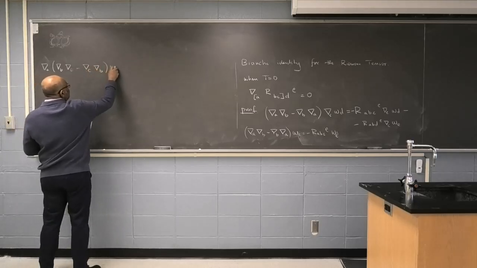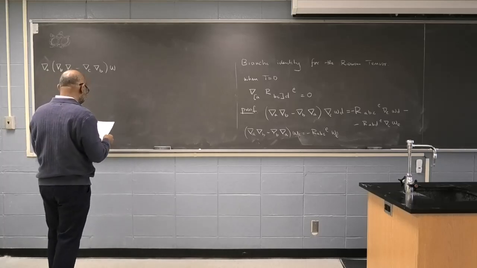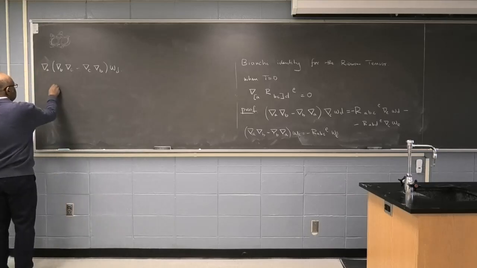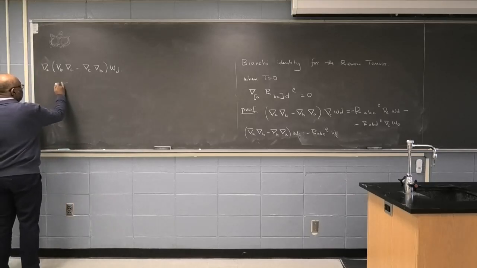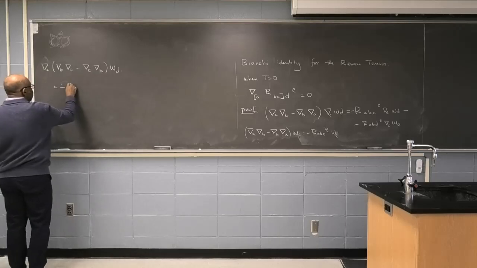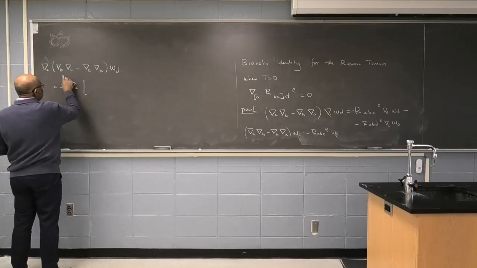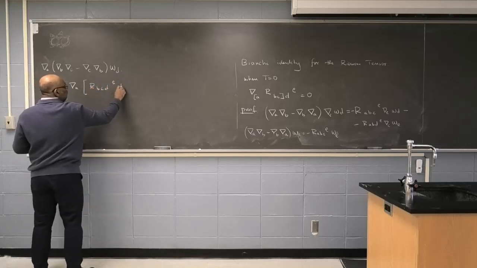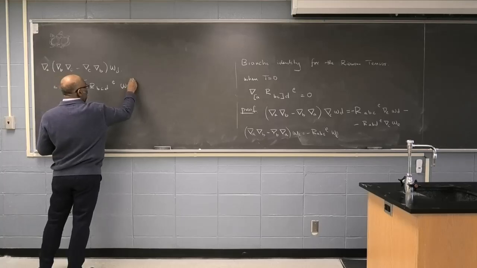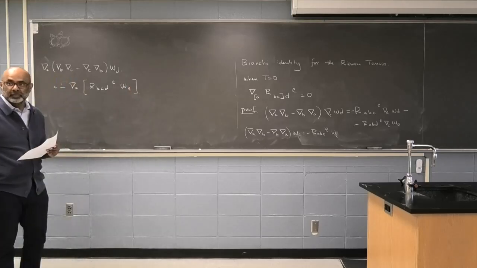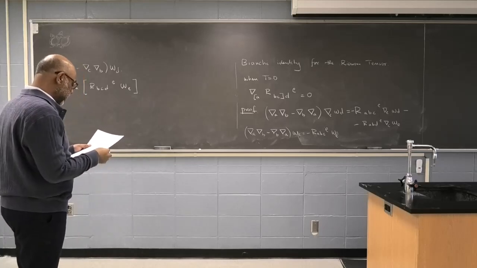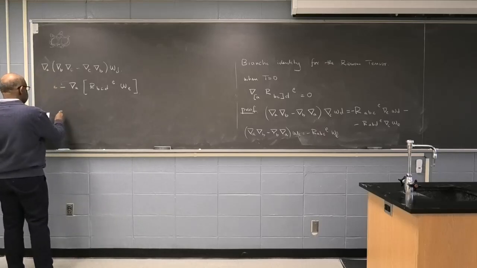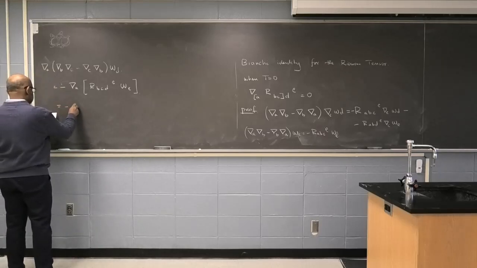CB of W, what was it? D. But what do I do with that? Well, first what I do, for negative sign, because this is going to give me a negative sign. And then I'm going to get this, and I have R, B, C, D, E, W, E. But then I have to take a covariant derivative of this guy, which is not so difficult to do, which is equal to minus WE.